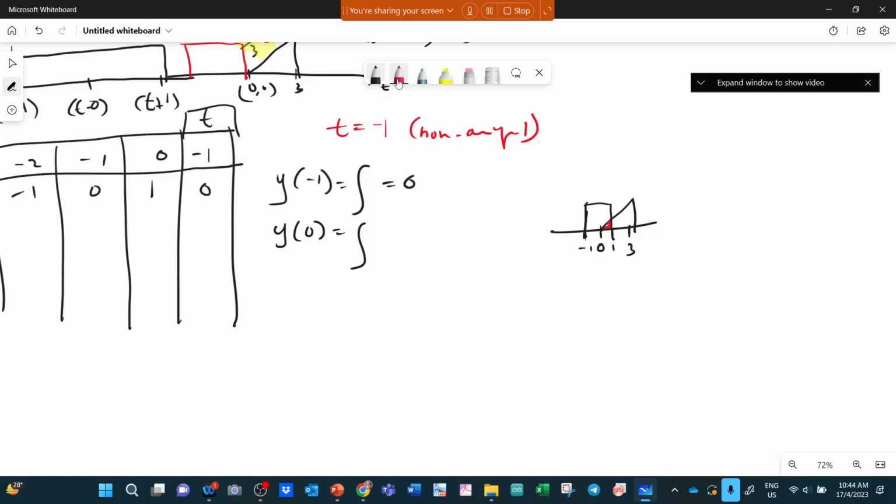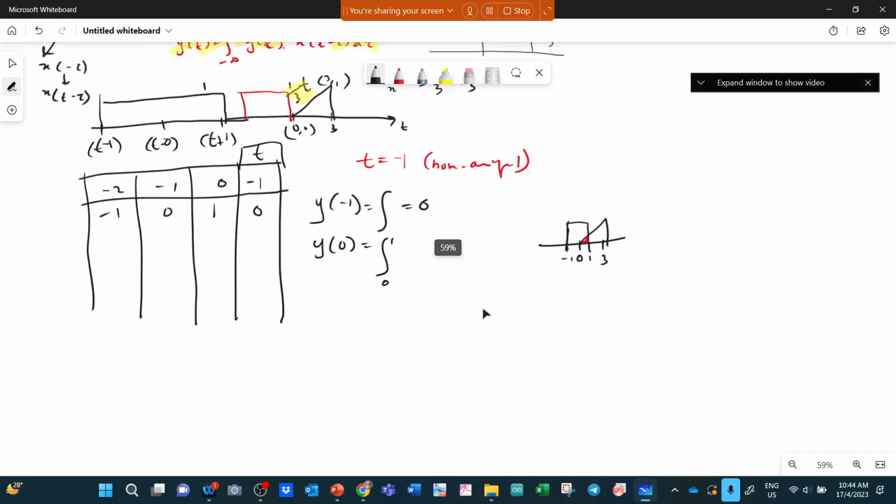So meaning that you have 0 to 1, bukannya 0 to 3 tak, 0 to 1. And just now what we fixed is the integral of g(tau) x(t minus tau) d tau. 0 to 1, what is g(tau) value? G tau tadi kita dah dapatkan equation dia kan, 1 over 3 t. So 1 over 3.